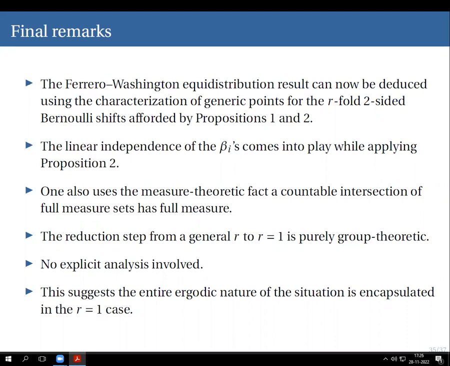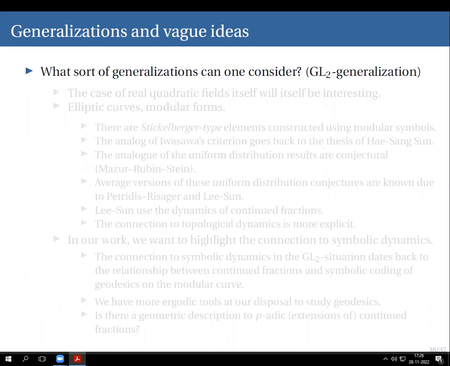Okay. So this is one final remark, and so again, Ferrero and Washington have already proved the results. So our main motivation was maybe just to understand some ergodic theory, and then finally to look at some sort of generalizations. And so the sort of generalizations that would be interesting is, are there any generalizations that you can look at?